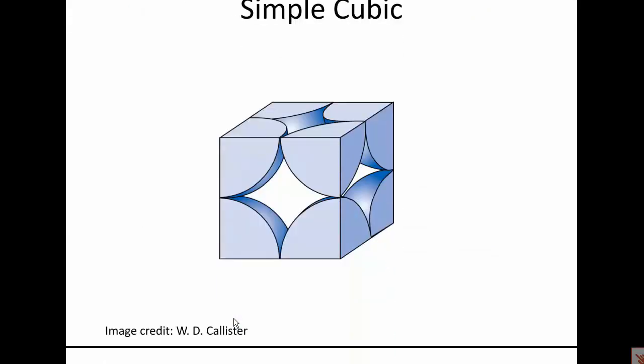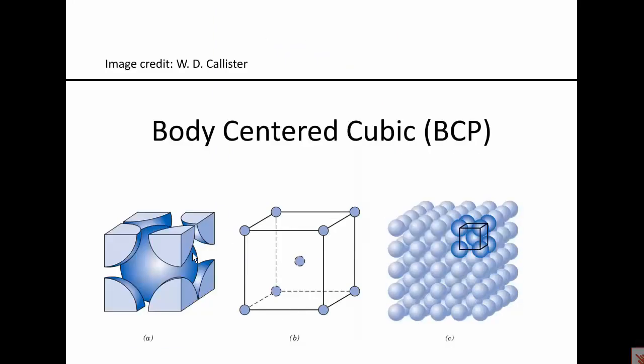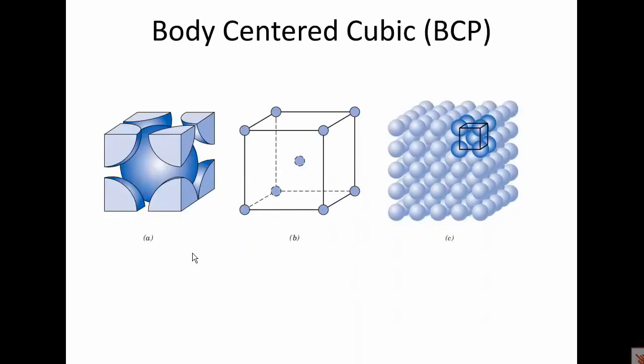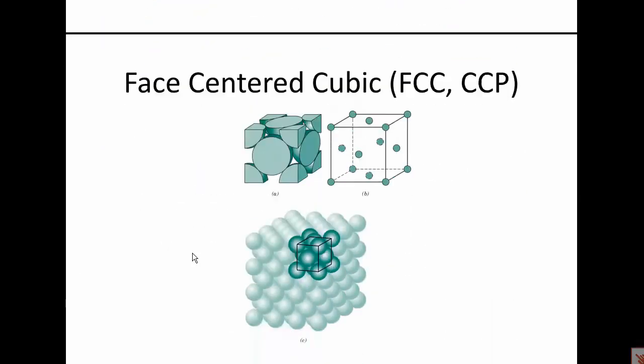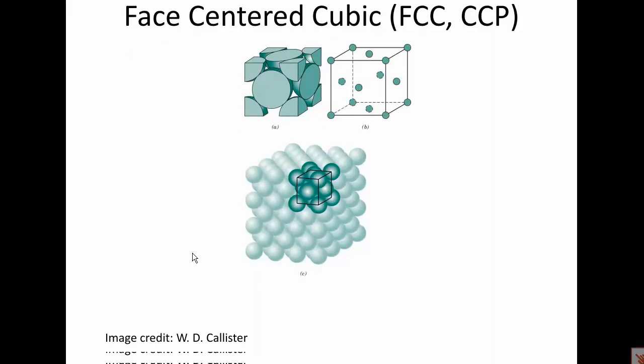So we looked at simple cubic, and we understood that simple cubic is a very rare crystalline structure in metals. Body-centered cubic is more common. For instance, iron has a body-centered cubic structure, and face-centered cubic is also very common.